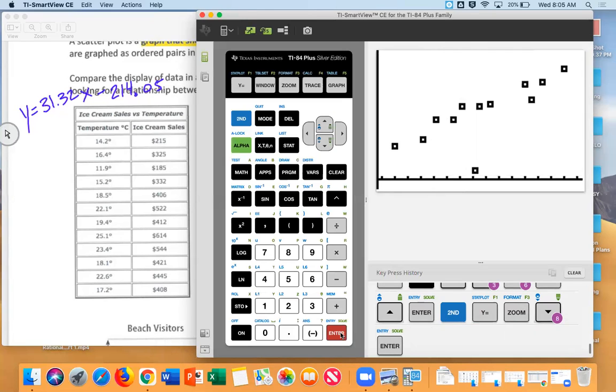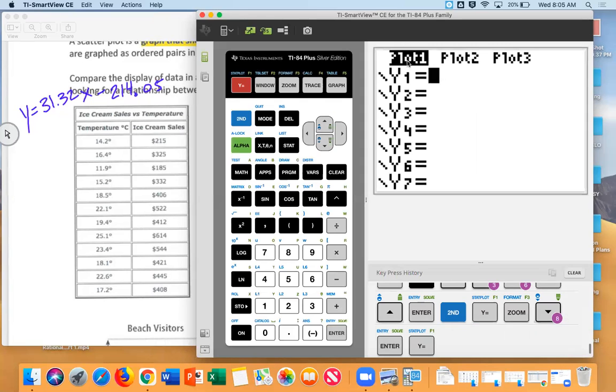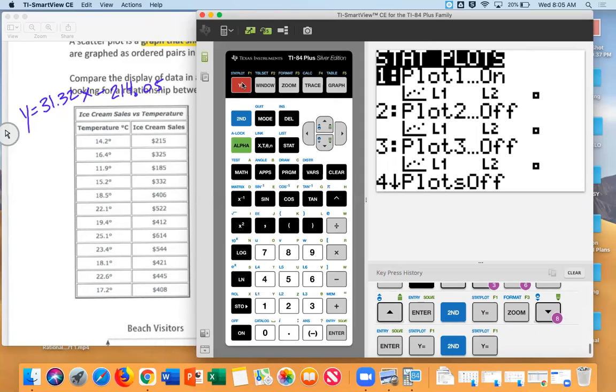Was everybody able to get this? So one more time. We go to y equals. We go up to the plot. We turn it on. We also have to turn it on here, which was the blue button. And then y equals. We make sure this plot is on.